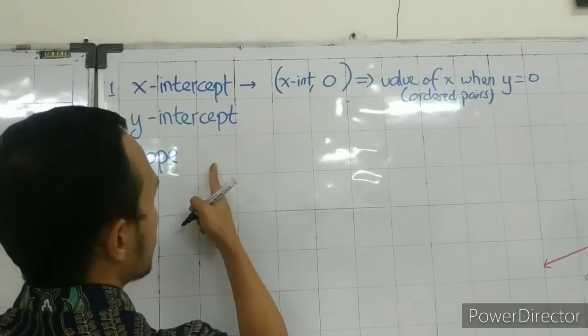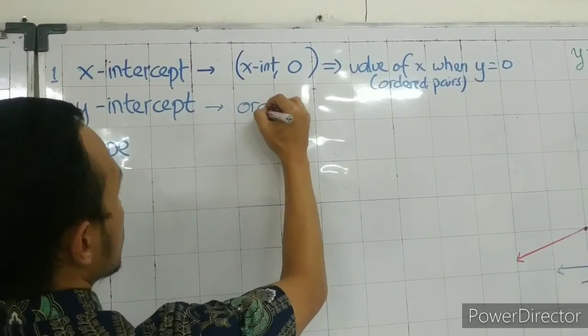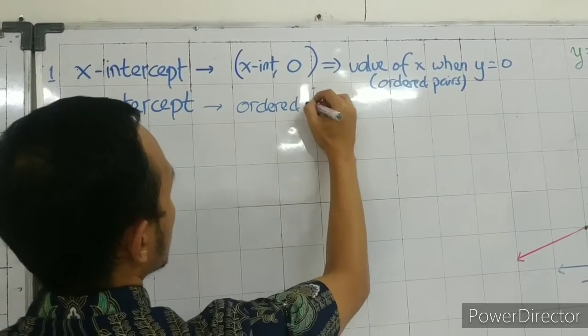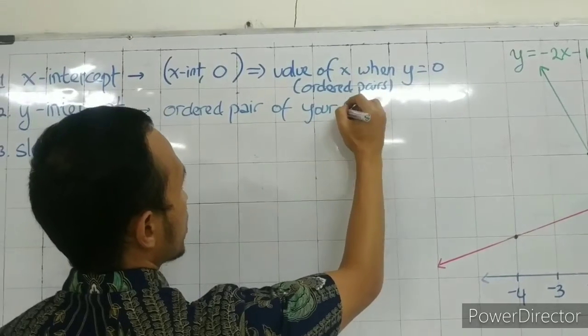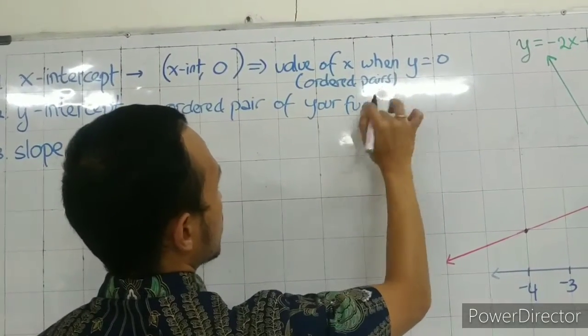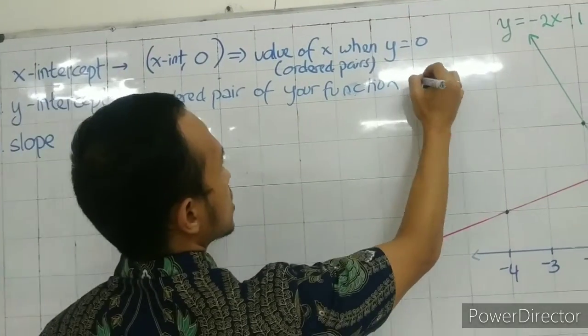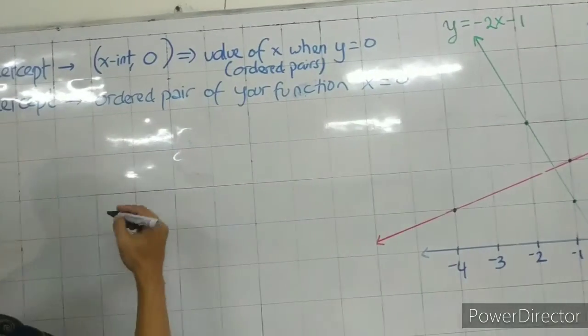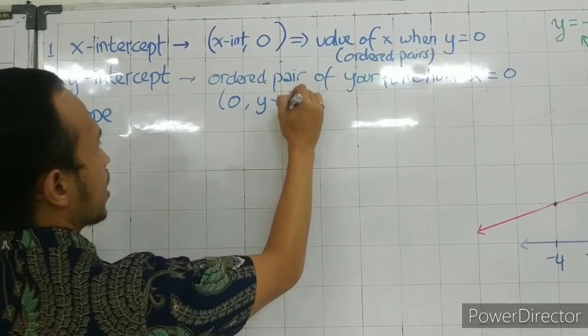The y-intercept means the ordered pair of your function when x equals 0. So your intercept must be 0, comma, a number.